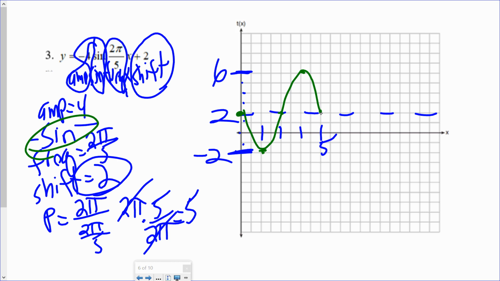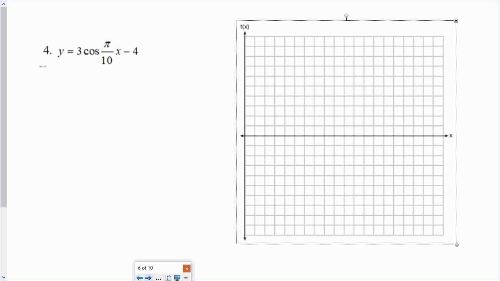So I've got one more straightforward graph for you. Amp, sine, freq, x, shift. I'm going to give you a couple minutes to try it on your own.